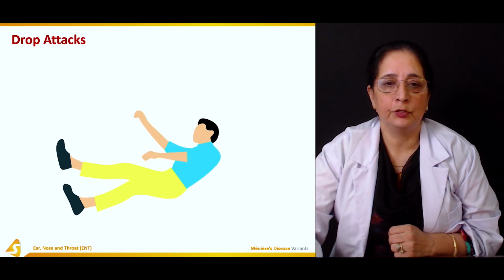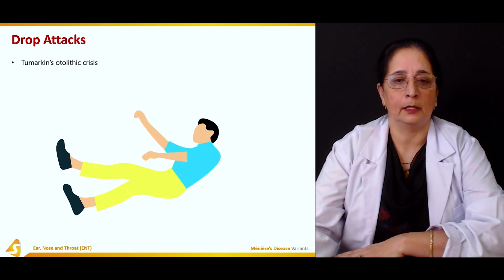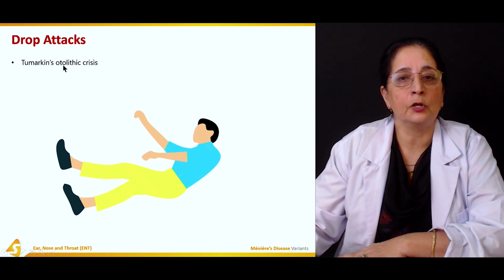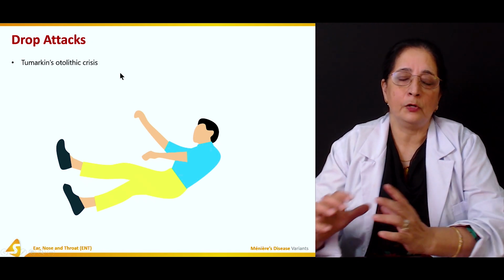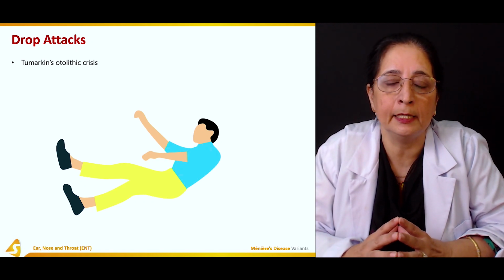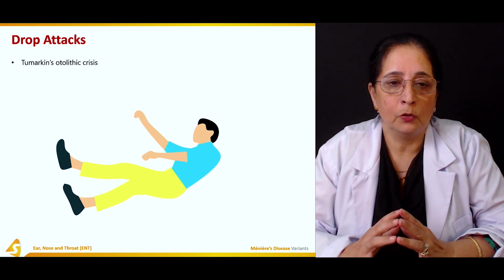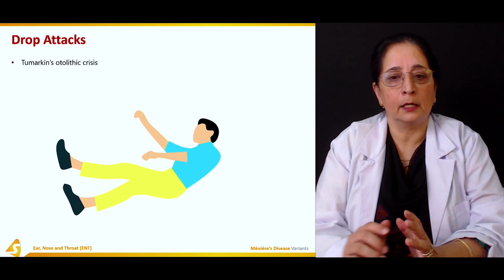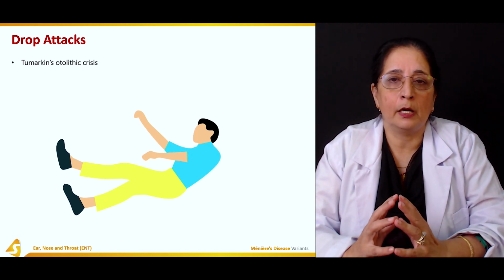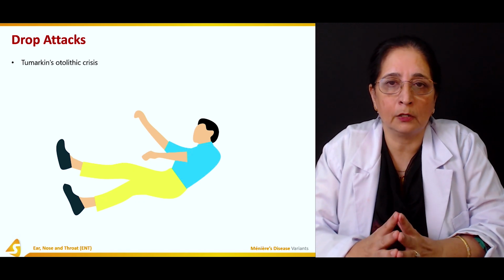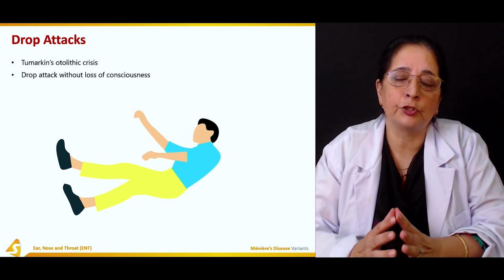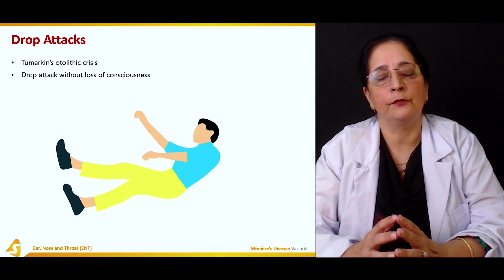Drop attacks are also known as Tumarkin's otolithic crisis. Otoliths are the saccule and utricle present in the vestibule. So when there is Tumarkin's otolithic crisis, or pressure on the otolith, it can cause a drop attack, and usually this drop attack is without loss of consciousness.